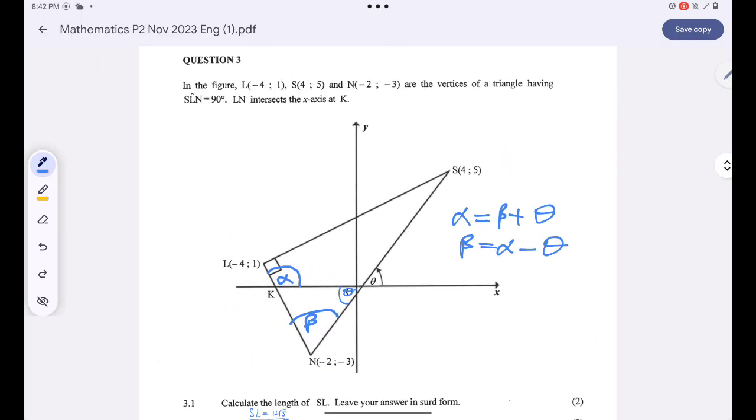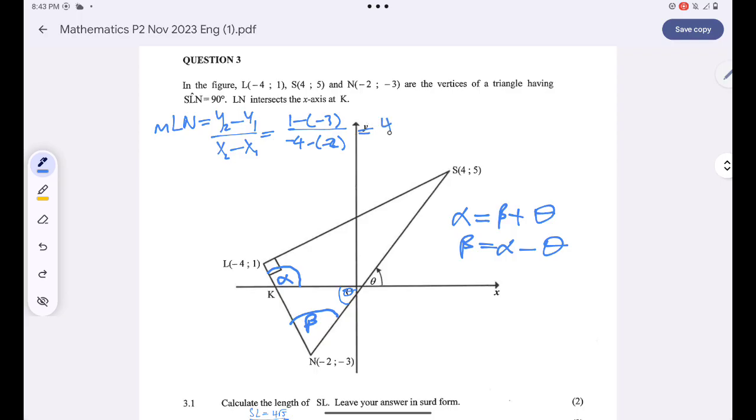But for us to find alpha, the first thing we need to do is to get the gradient of line LN. Simply say y2 minus y1 over x2 minus x1, right? We are dealing with LN, so I'll say 1 minus a negative 3 all over negative 4 minus a negative 2.